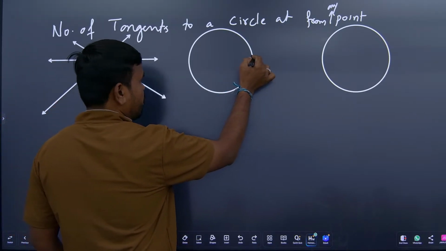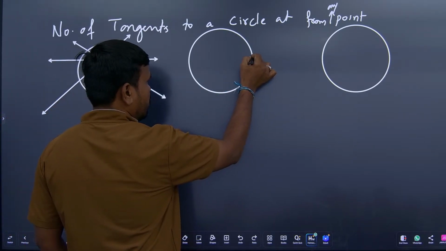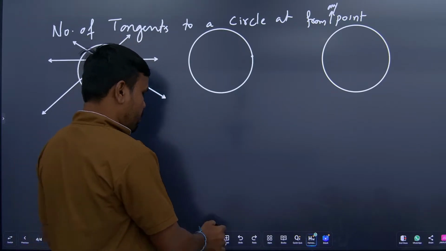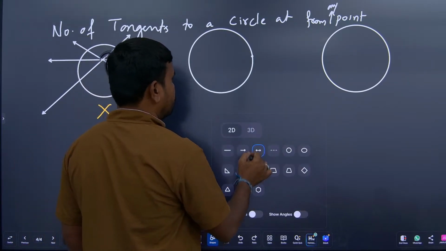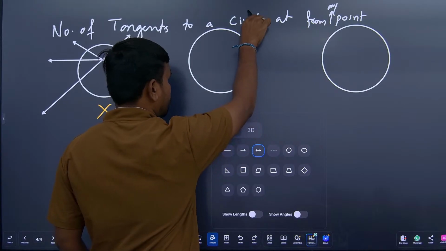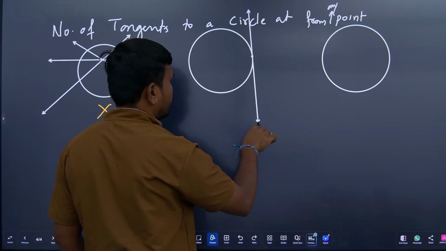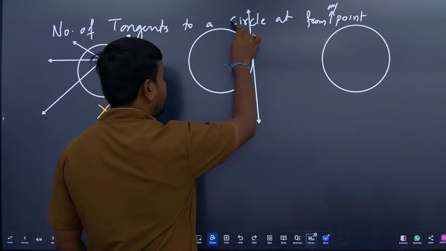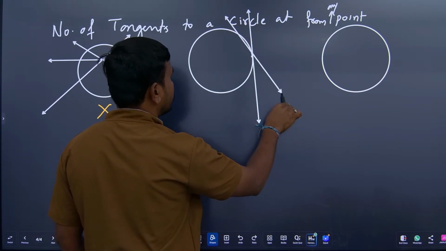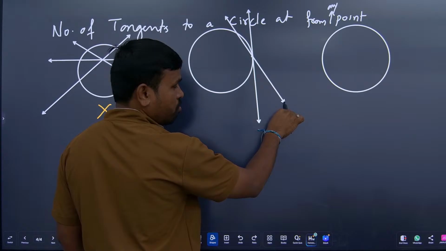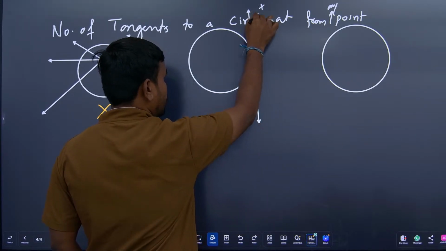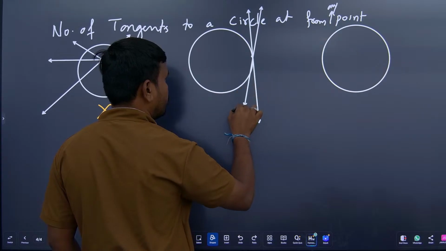Now we consider a point on the circle. Draw a tangent on this. Can you draw one more tangent? No. Try to draw one more tangent from this point.